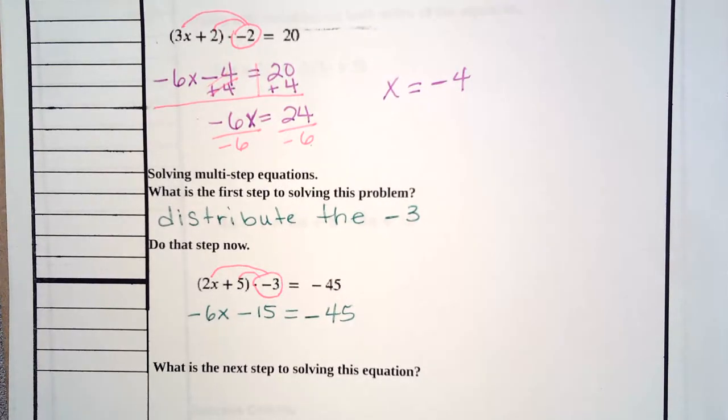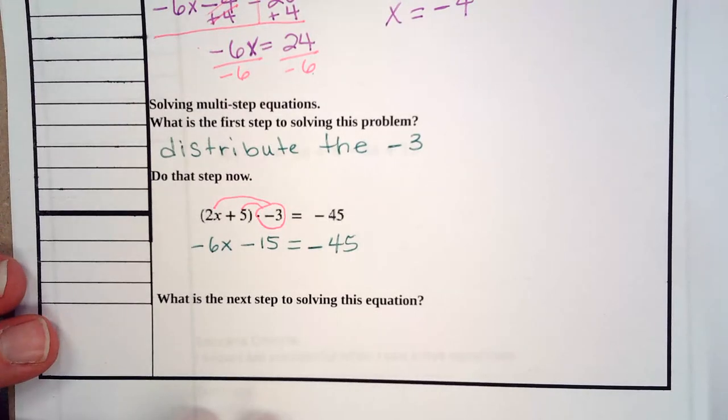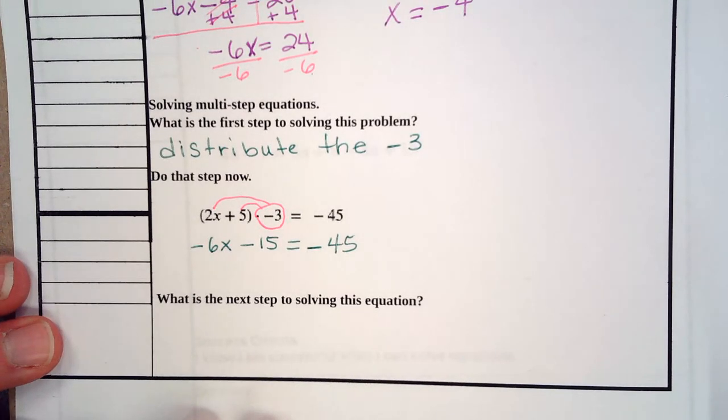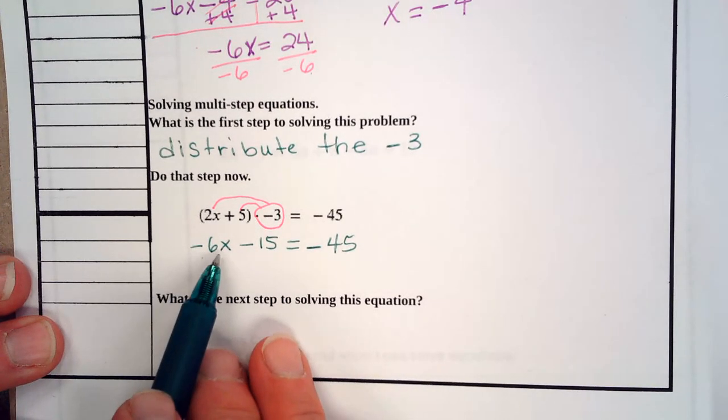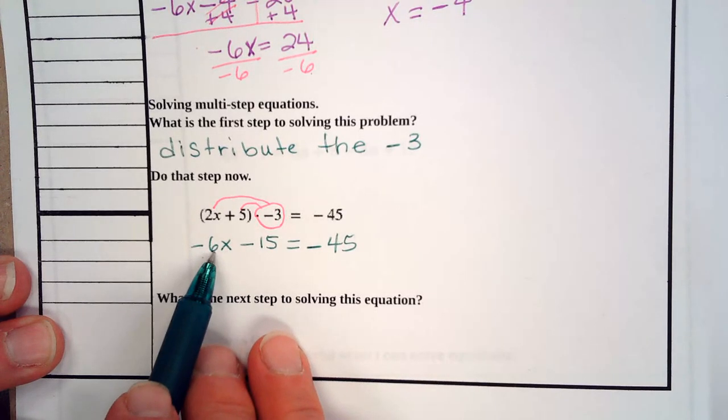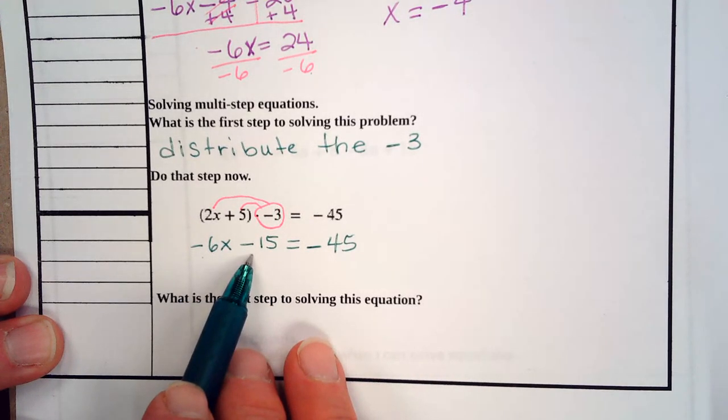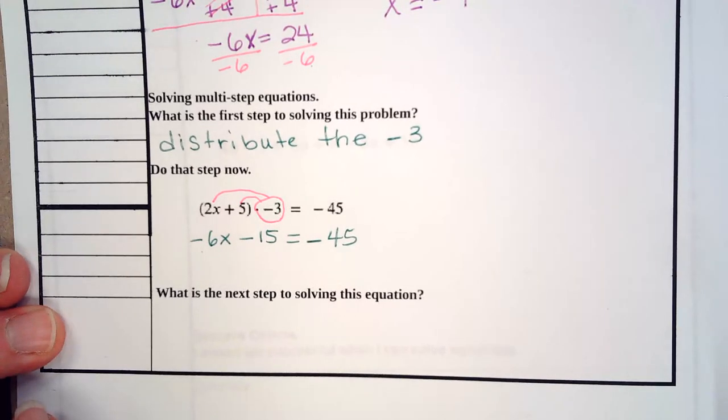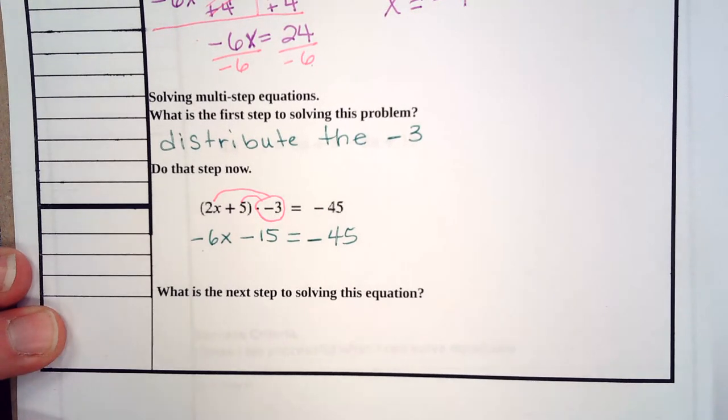Okay, what's our next step in solving this equation? I've taken x, multiplied by -6, and then subtracted 15. How do I undo that? You're going to add 15 to both sides.